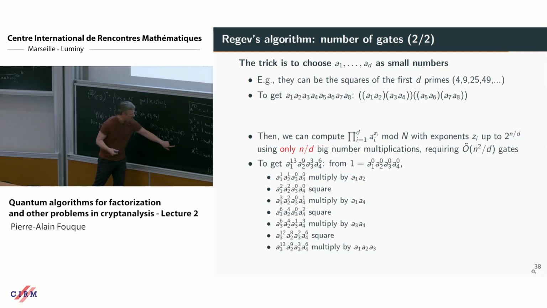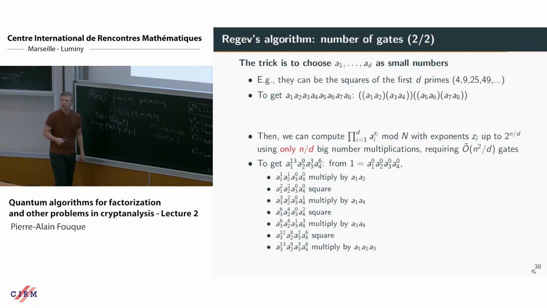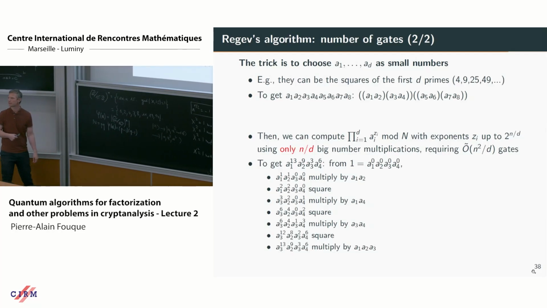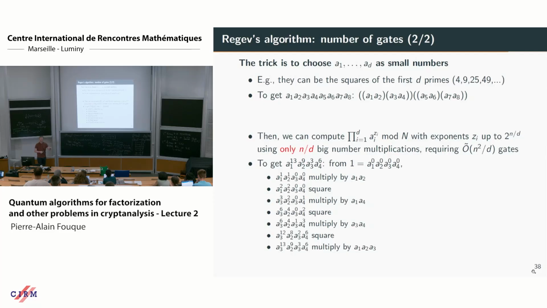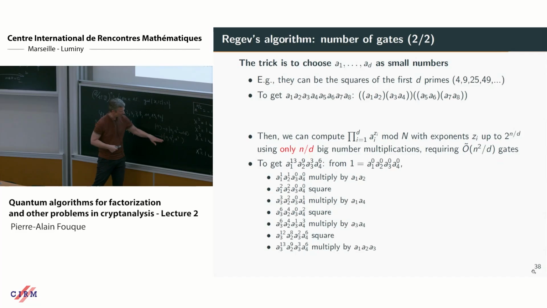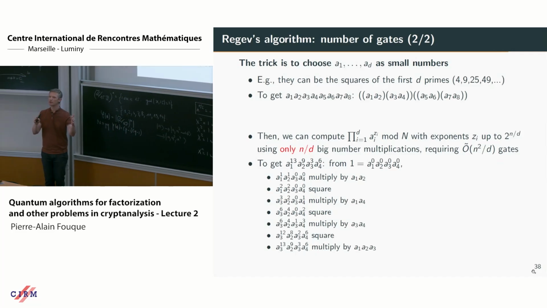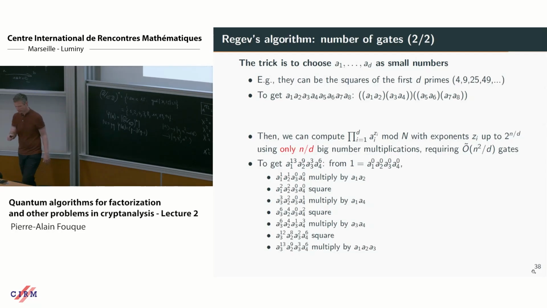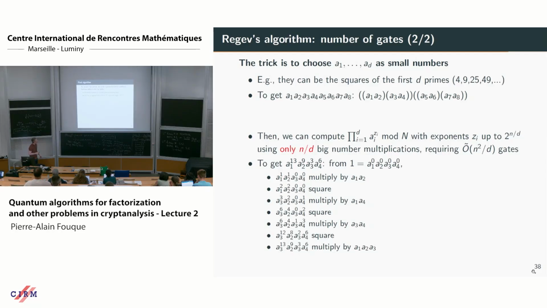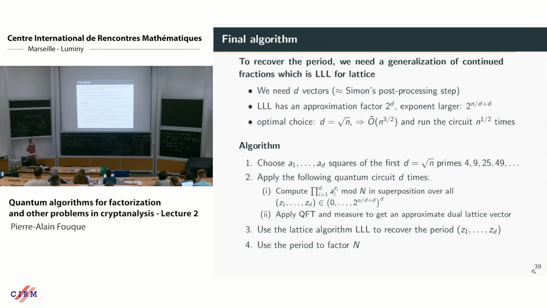So the number of qubits that you need at the end is n to the power 3/2. It is n times square root of n. Because of the squaring, which is not a reversible operation, you need to register all the squares that you compute. So this is Regev's algorithm, and it's why the number of qubits is large.